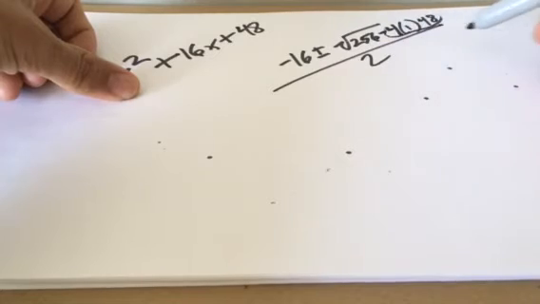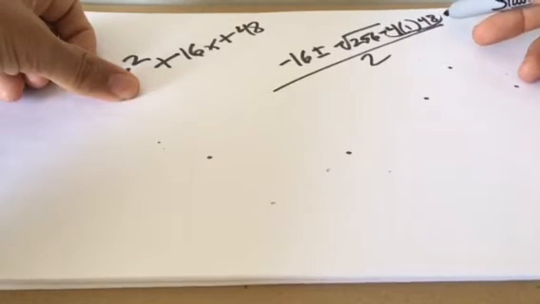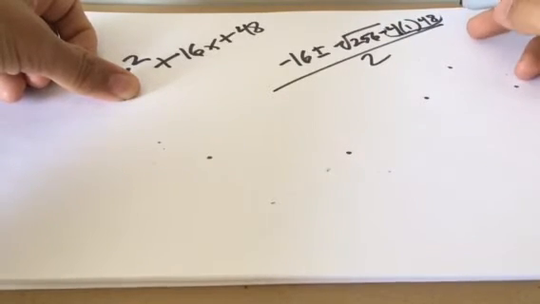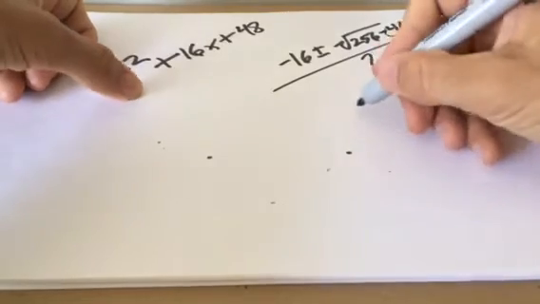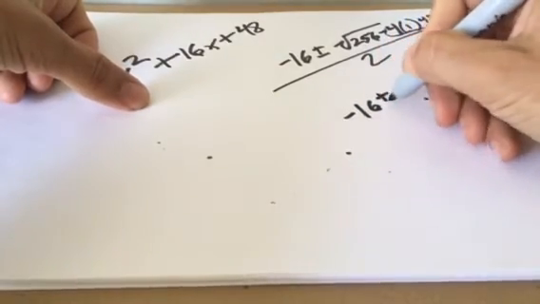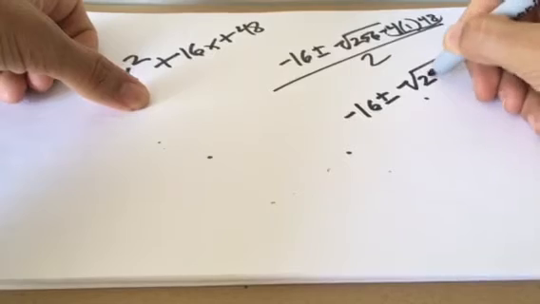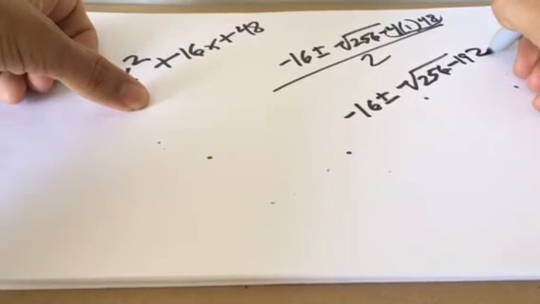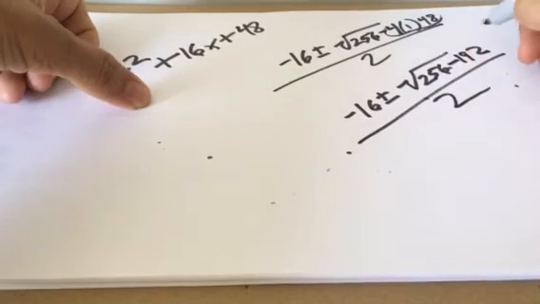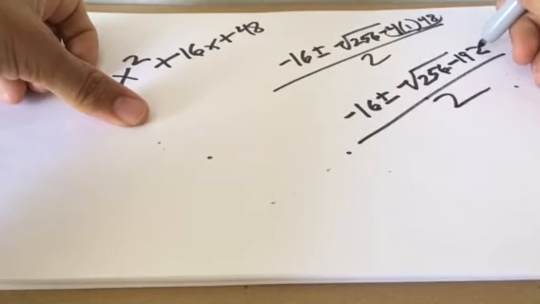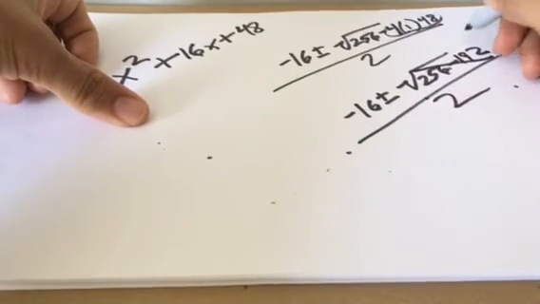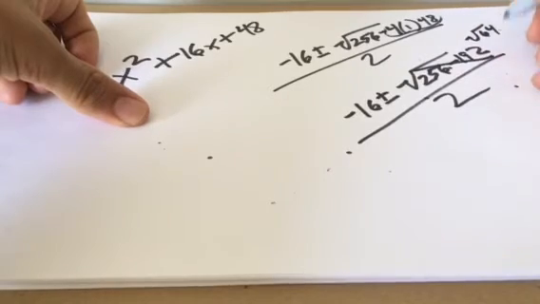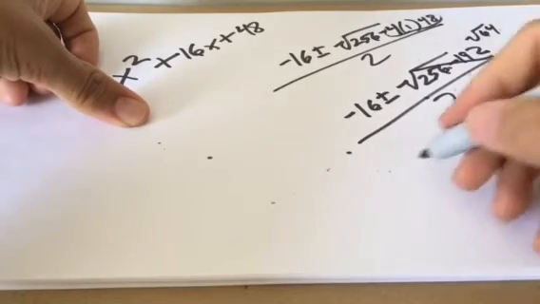Simplify this here. 4 times 48 is 192. So we have negative 16 plus or minus the square root of 256 minus 192 over 2. 256 minus 192 is going to equal the square root of 64. And we all know what that is, don't we?